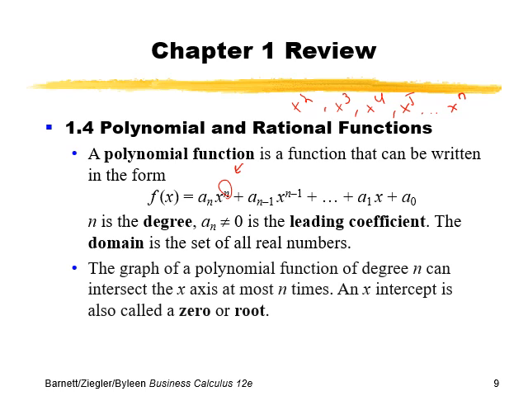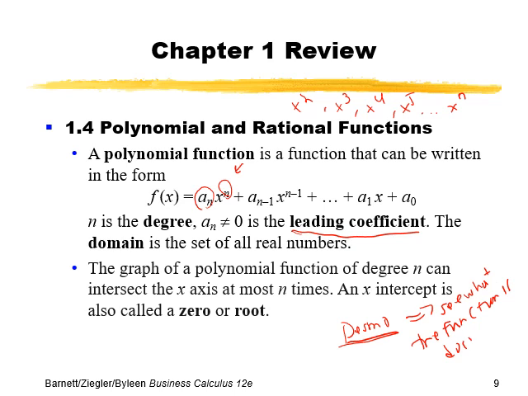That's what this is right here, x to the n. And so you have a function of those. n is the degree, and a sub n is the leading coefficient. And again, I really recommend graphing the function in Desmos so you can see what the function is doing.